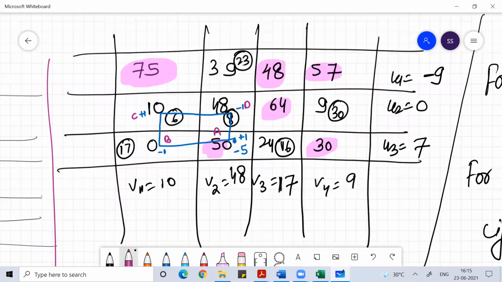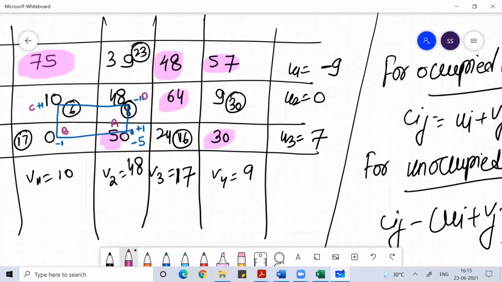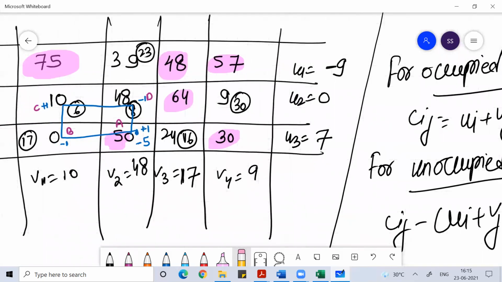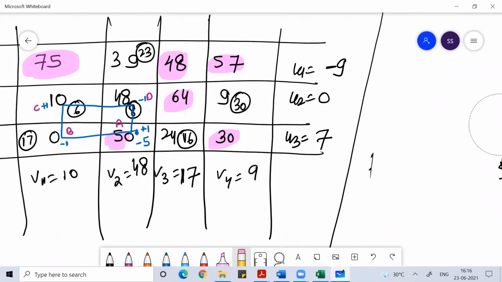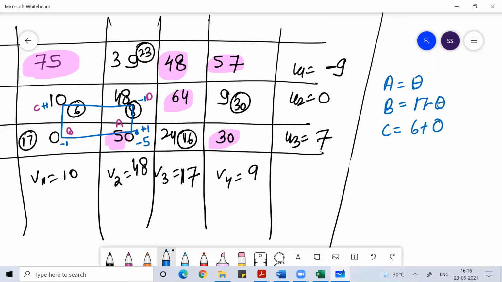Once you're done with the looping part, now I have to find the theta value. The cell which had the negative value, we will put theta on that cell. That is your A, which you took as theta. So B would be allocation 17 minus theta. C is plus, so that would be 6 plus theta.